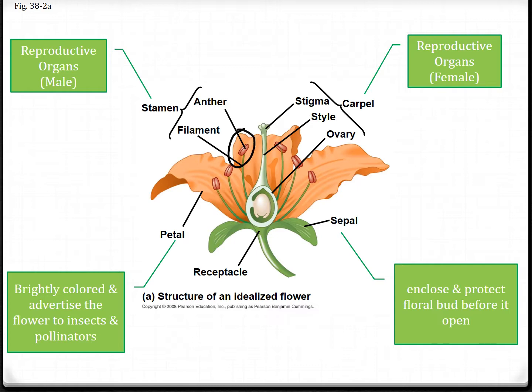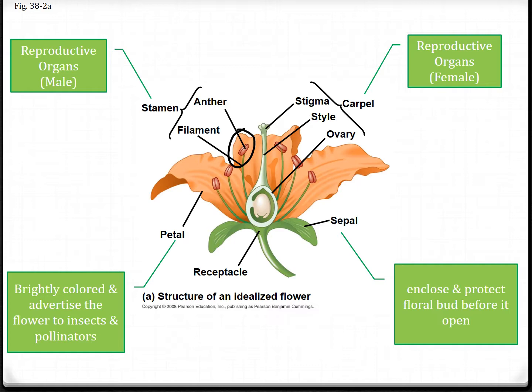The anther is where the pollen actually is, and then the filament just kind of holds it up there. And so if the stamen is higher than the carpel, traditionally it will go through self-fertilization. If the stamen is lower than the carpel, then it would probably rely more on cross-pollination.